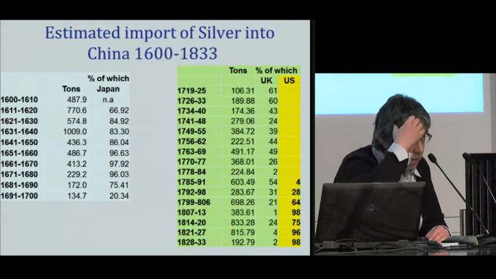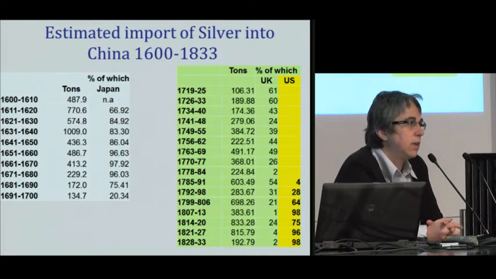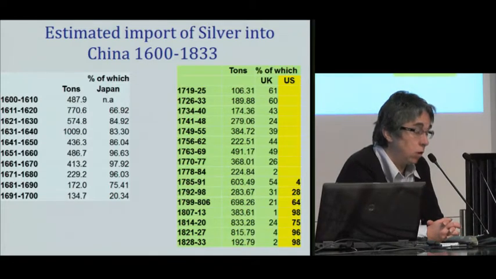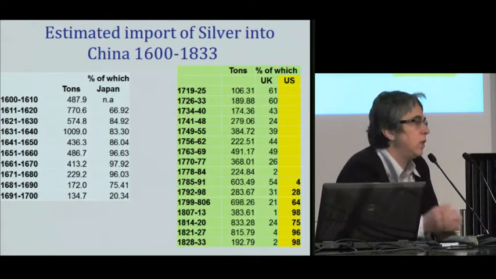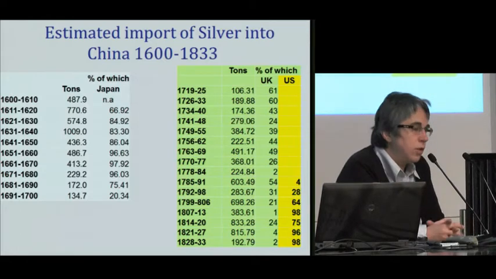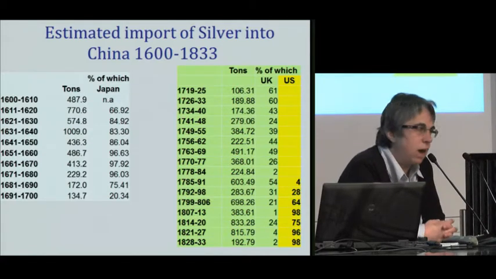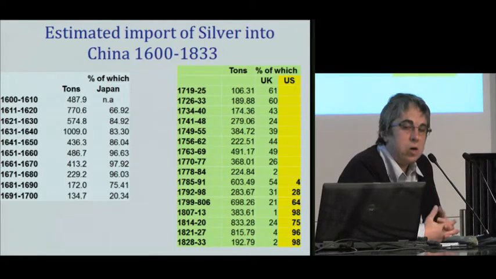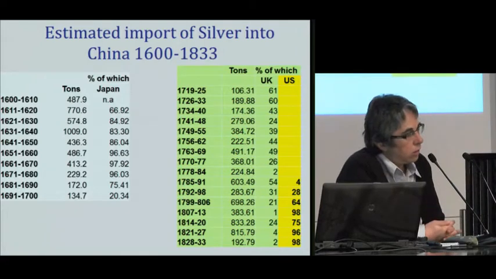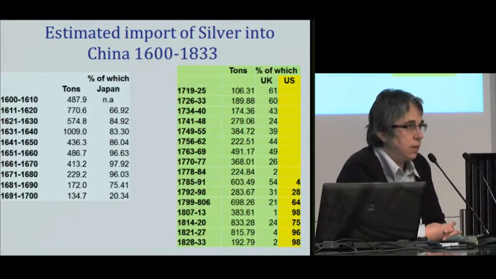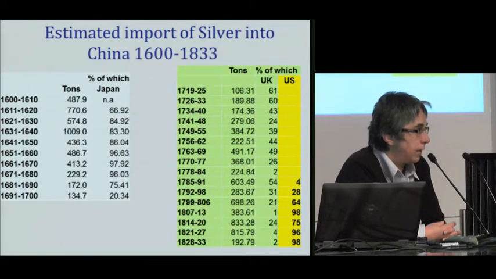These are 7-year periods. That is the data from Dermigny's fantastic thesis on Canton trade. And you see there, for each 7-year period, the volume, the total tonnage, the amount of silver in tons that arrived into China. The gray column on the right-hand side is the share that was intermediated by the British, and the yellow column is the share that was intermediated by the North Americans.